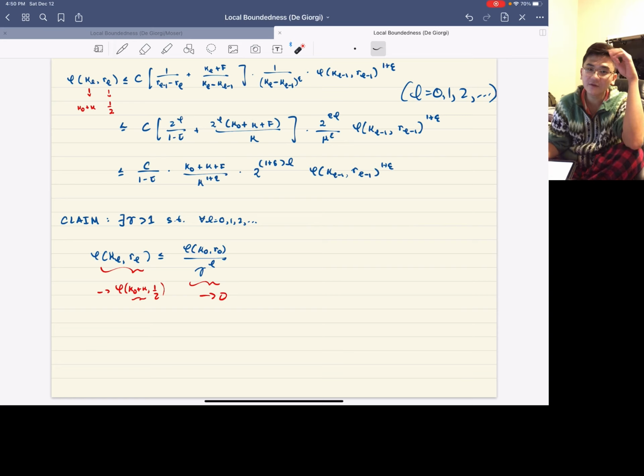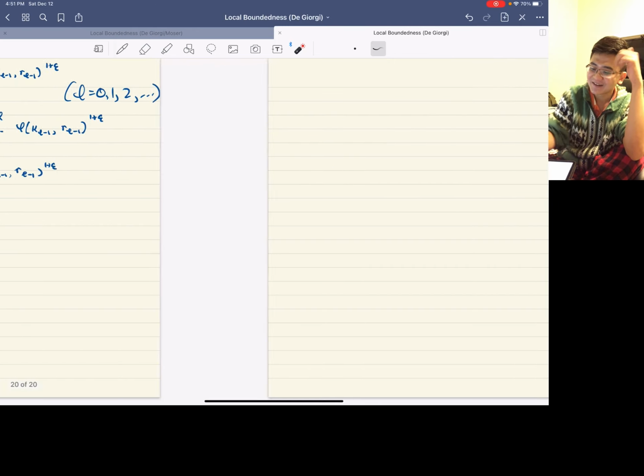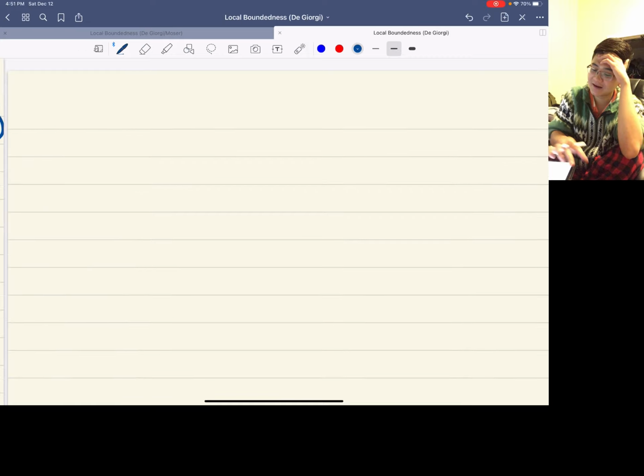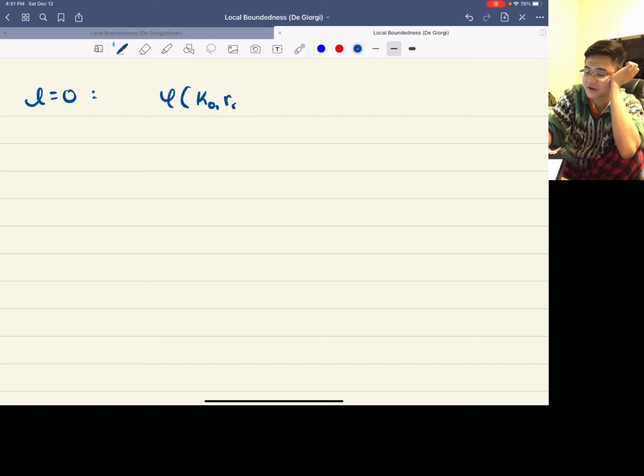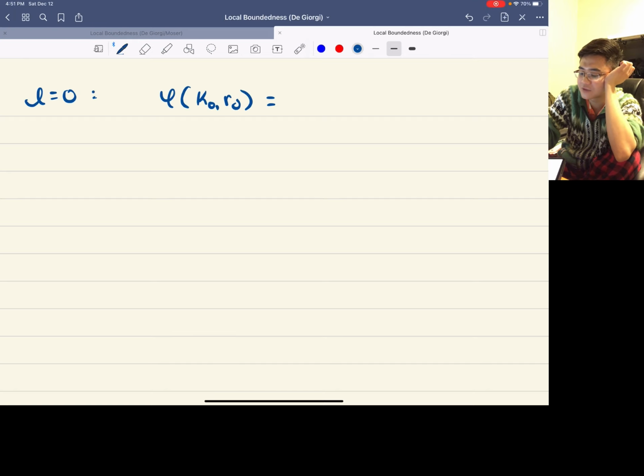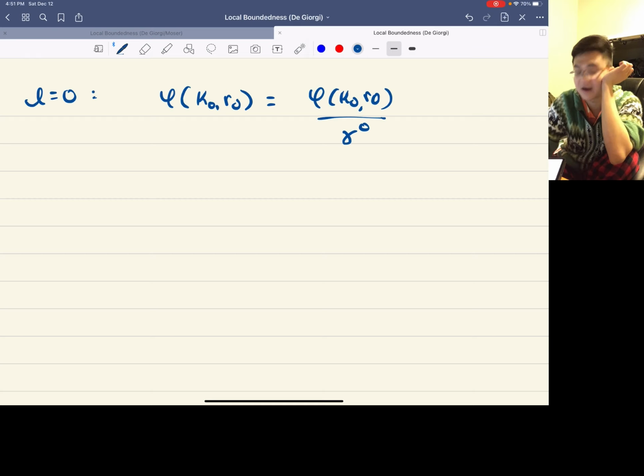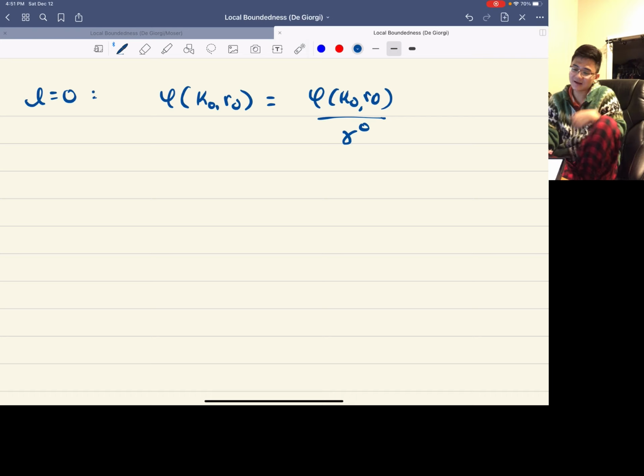Okay, so the moral of the story here is you don't need to do this up to 0. You just conjecture the thing that you want to happen. For L equals 0, it's clear because you have phi of K0 R0, and that is equal to phi of K0 R0 over gamma to the 0.